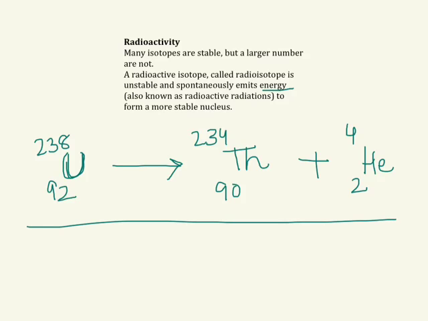This is known as a nuclear reaction, where your unstable isotope is breaking down to form a more stable nucleus, and in this process energy is emitted in the form of radioactive particles.